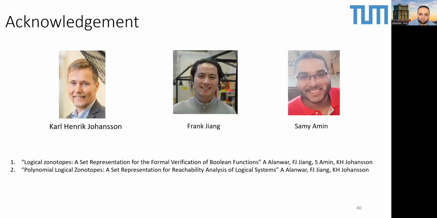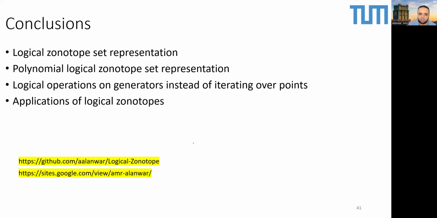So I would like to acknowledge my collaborators and co-authors on these 2 papers. And today I have represented logical zonotope as a set representation, and polynomial logical zonotope. I have done operations on the generator space, and I have shown some applications for logical zonotope.